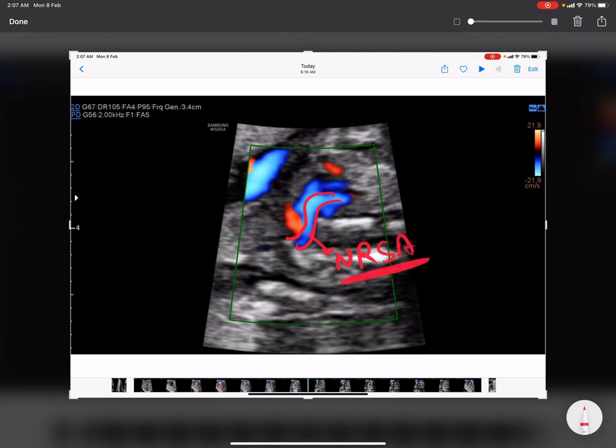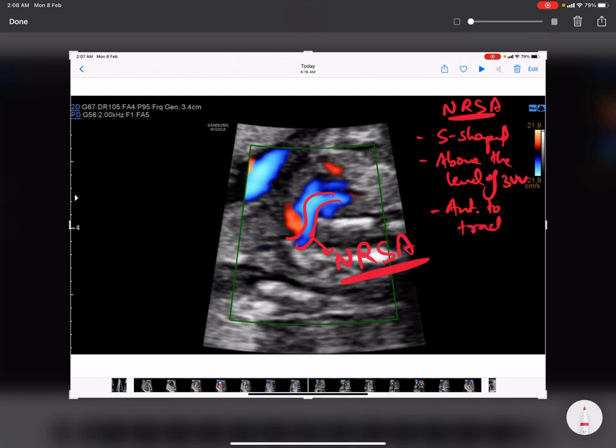So this normal right subclavian artery would take an S-shaped course. It would be above the level of the 3-vessel view. Then it would be anterior to the trachea, not posterior like an ARSA.